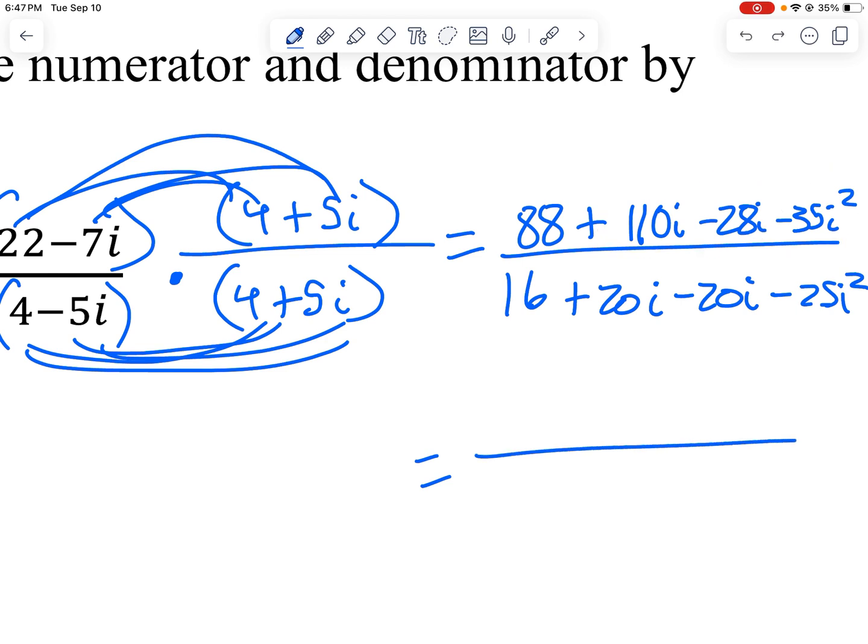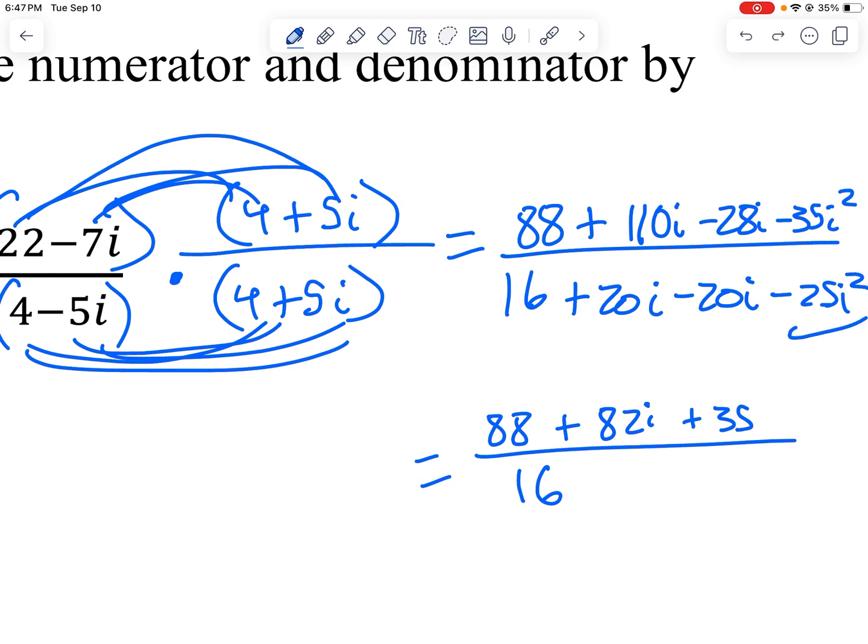This one over here, remember i squared is -1, so we can get 88. 110 minus 28 is going to give you 82. So we get 82i, and then we'll get plus 35 there. And on bottom, we will end up with 16. These guys, again, always are going to be opposite each other, so they'll get rid of each other.